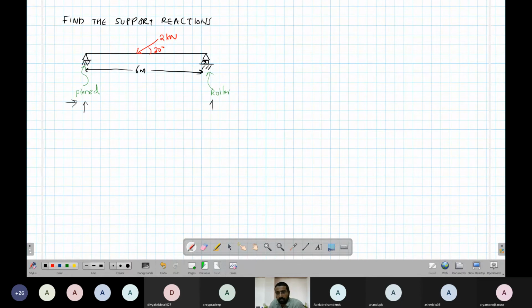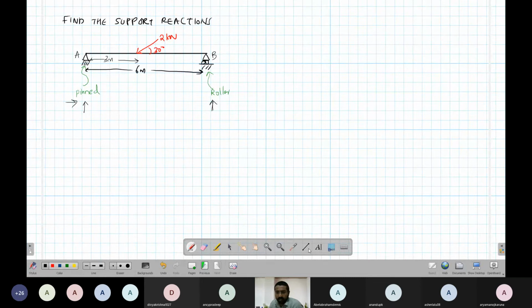Roller can give only one reaction. I will call this A, and this B. Let's say this distance is given as 3 meters.